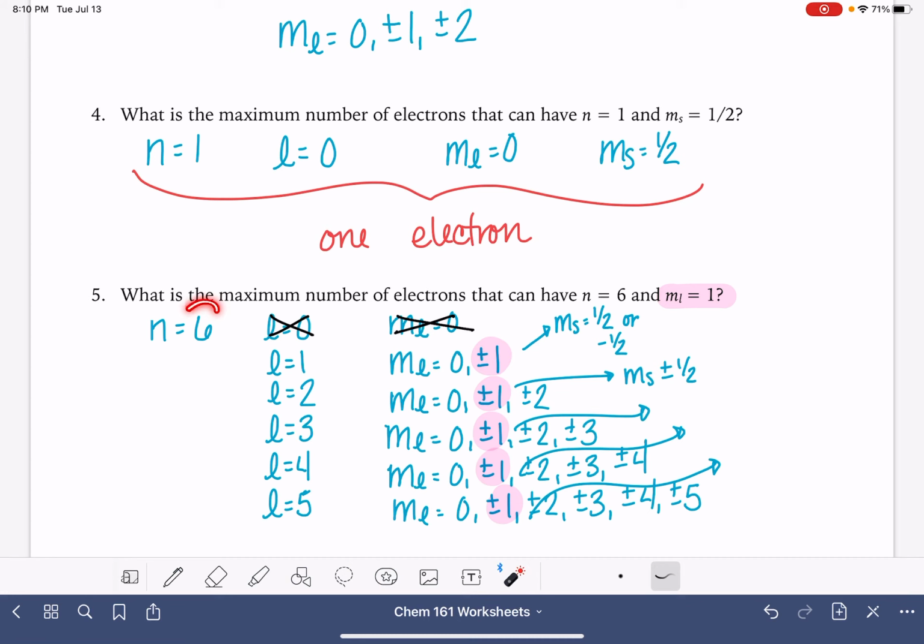So we have one possible electron right here, and then we have electron number 2 with M sub S is minus 1/2, and then we have electron number 3, and number 4, and 5, 6, 7, 8, 9, 10. I got tired of writing those pluses or minuses. So this is 10 electrons that can have unique quantum numbers, keeping n equals 6 and M sub L equals 1.